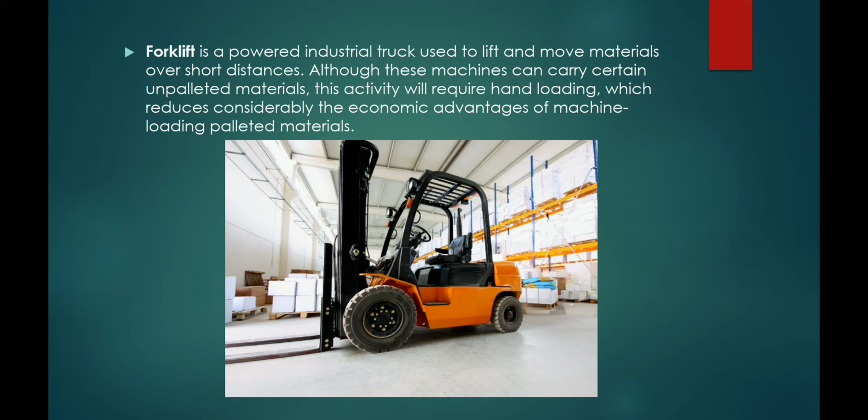And because forklifts are able to move materials over short distances, it is a very useful piece of equipment to have on a construction site. And as you can see in the picture below, it is not a very large piece of equipment, but it is able to move heavy loads on the job site.